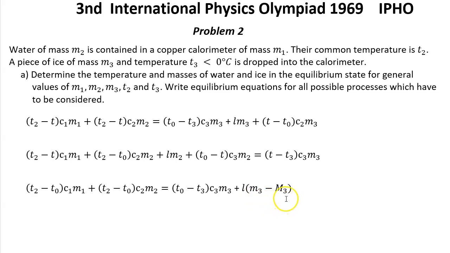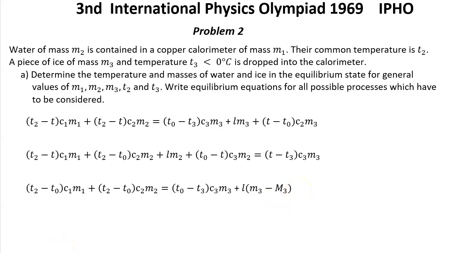So if the big mass M3 became less than M3, it means that part of this ice goes into water, and in the other case we got more ice. So in this case we can take into account masses M3 from 0 to M2 plus M3. In the other case it's not convenient.